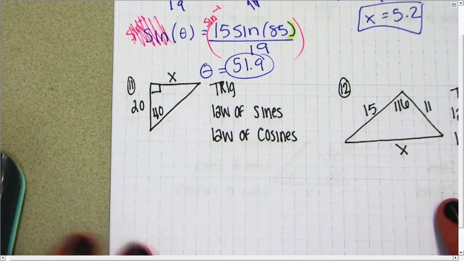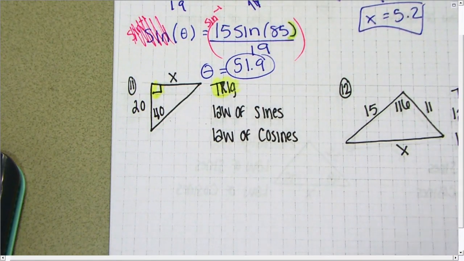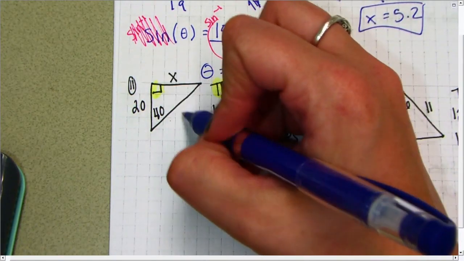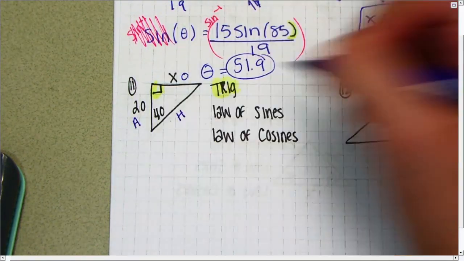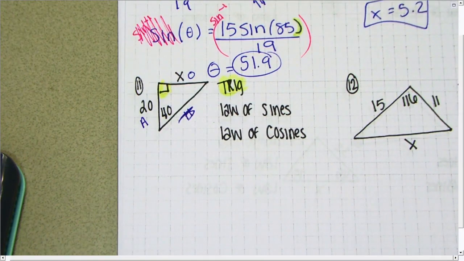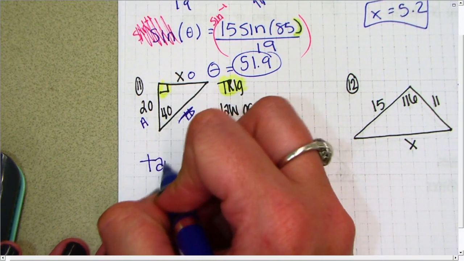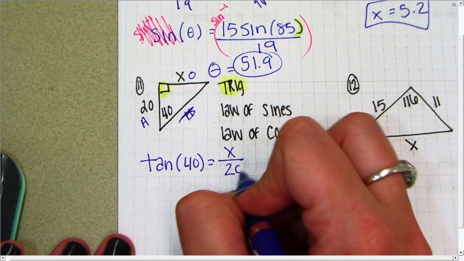Next, number 11, I see a 90 degree, which means I have to use trig. Across the 90 is H, across the angle is O. By default, this is A. I cannot use H because there's nothing with it, so I'll have to use tangent, opposite and adjacent. So this is tangent of 40 equals opposite x over adjacent 20.